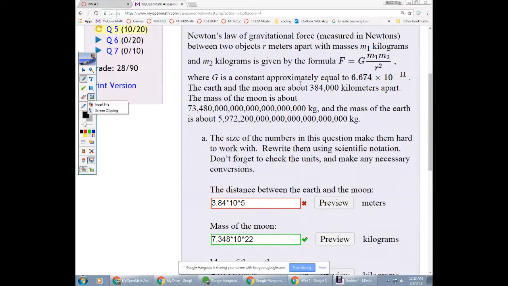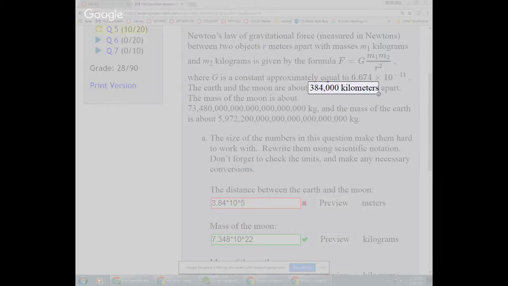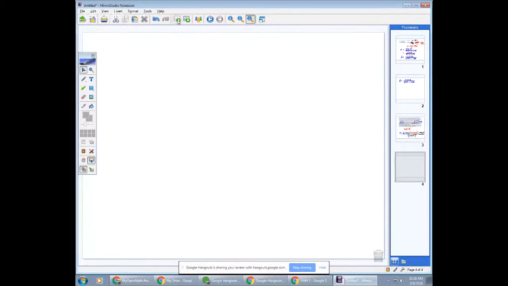So let me do that on a new page. So kilo literally means 1,000. So I can translate this as 3, 8, 4, and kilo means 3 zeros, and then that would be meters.